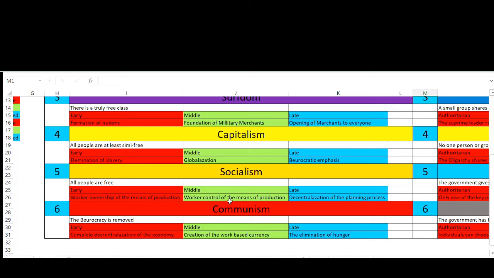All right? So let's say you work at a steel factory and y'all get enough profit to basically upgrade one of your big machines. All right.